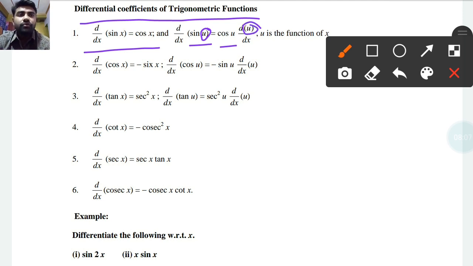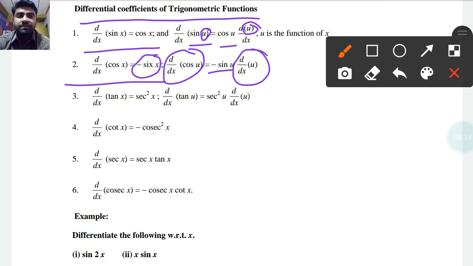So cos u into du by dx, right? Now here d by dx of cos x, that will be minus sin x. The function is changed but with opposite sign. Here d by dx of cos u, so minus sin u into that function's differentiation with respect to x.